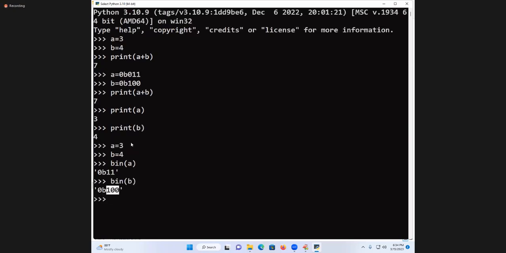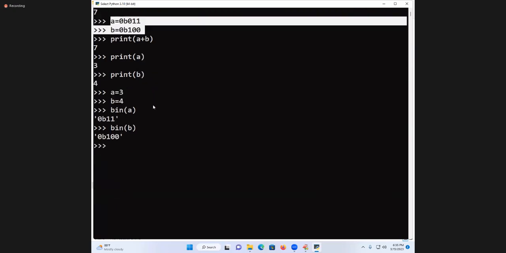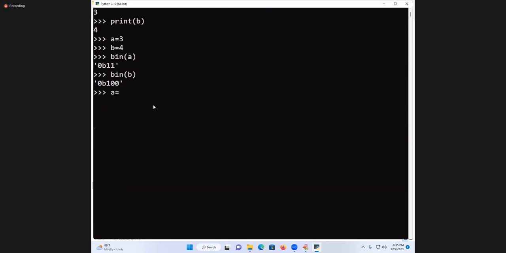So Python programming is converting: even though you represent the data in low level format, it is automatically converted into what? High level format. Last and final, A is equal to 0o123, B is equal to 0o23. Print of A. Here you see, it is not going to be 123.